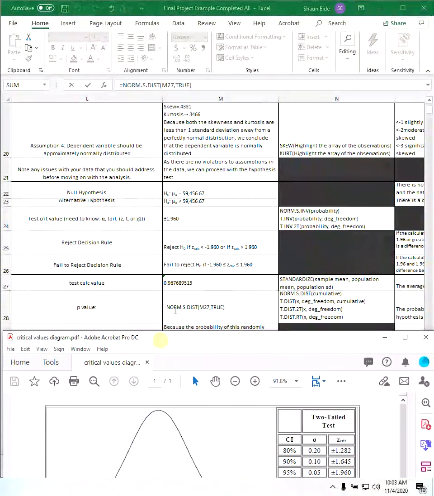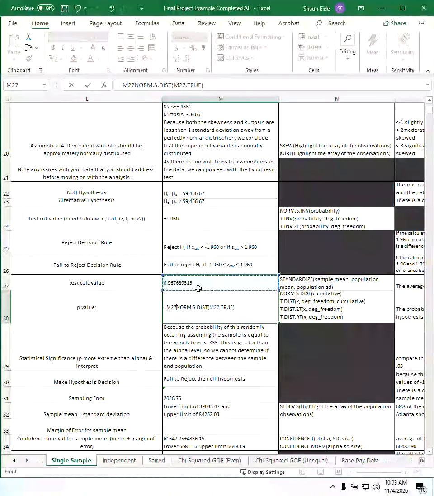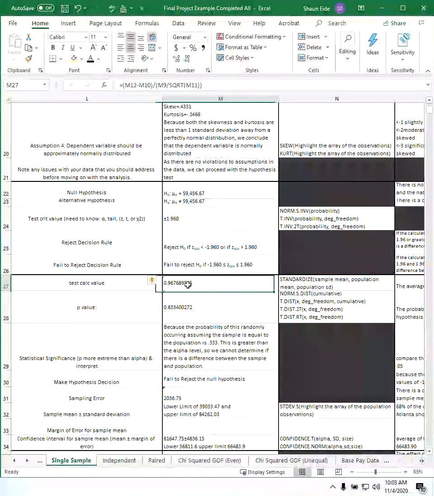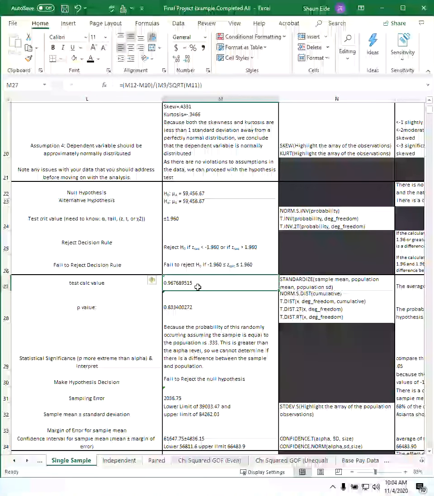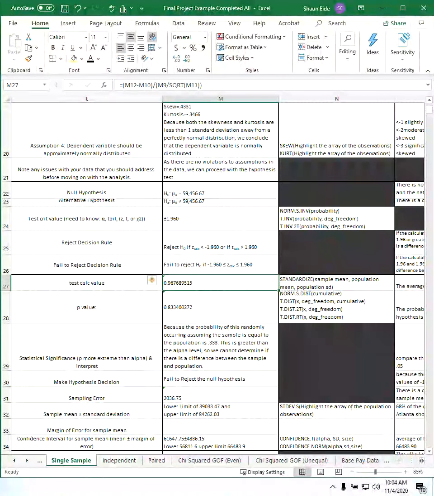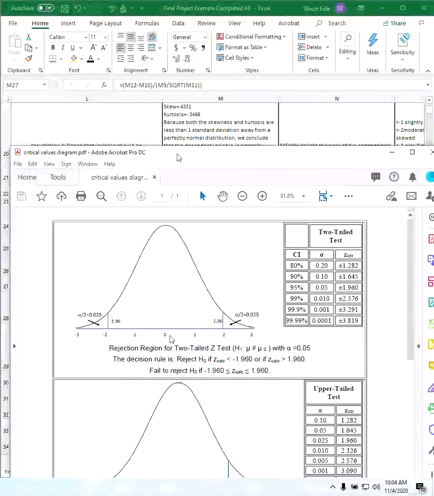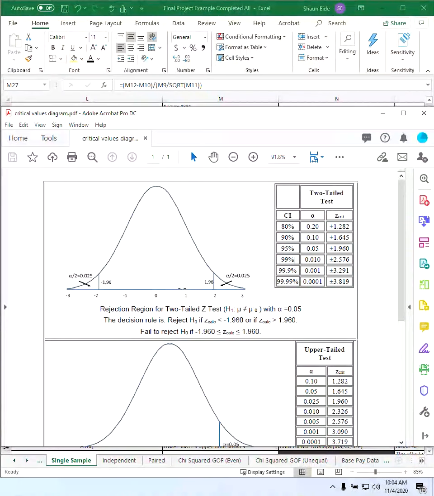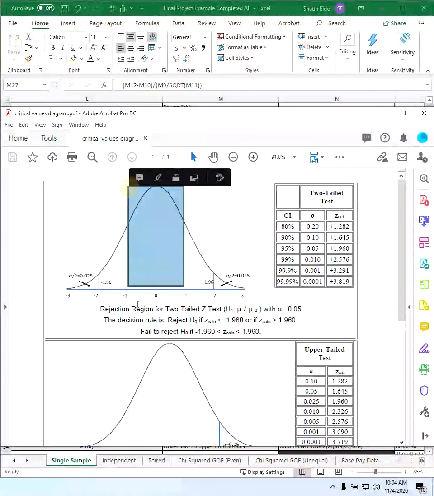Really what we're asking is, what is the probability of getting a z-score as extreme as this or lower? And when you have a two-tailed test, the z-scores that are as extreme as 0.96 are anything beyond plus or minus 0.96. So it'd be this whole area right here. Okay.